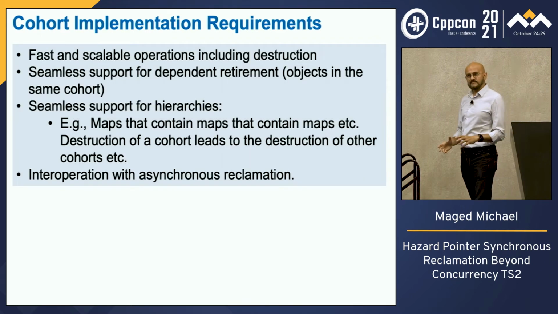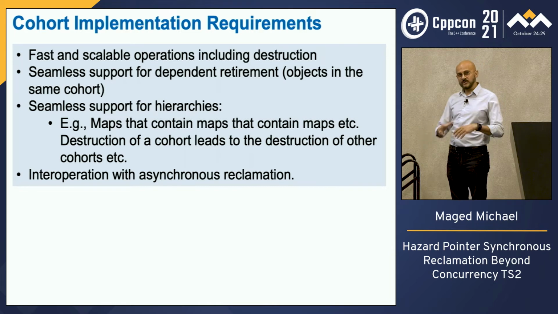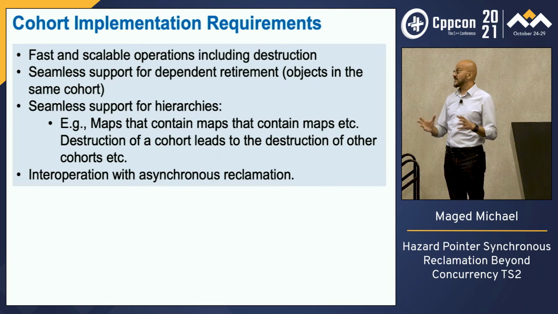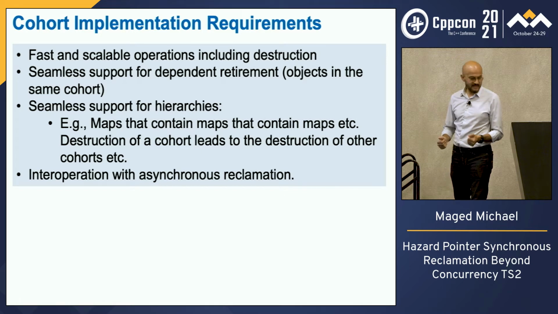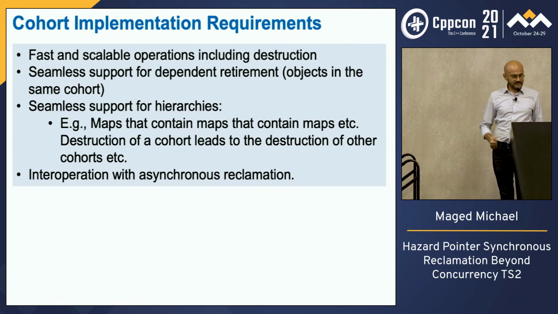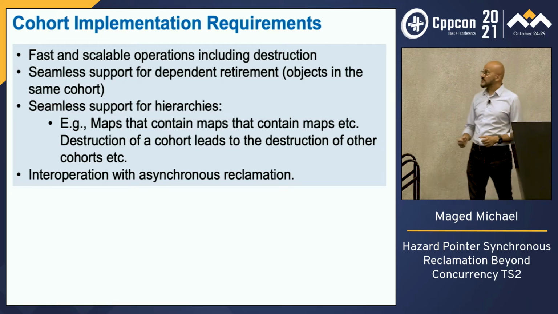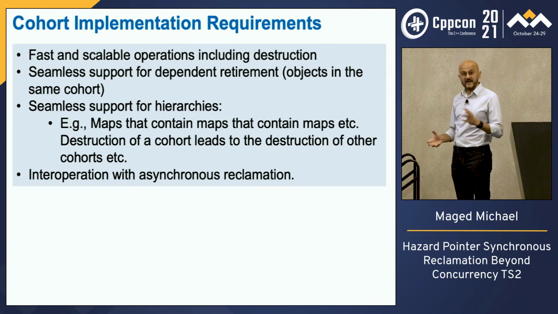Usually in the standards committee, we don't talk about implementations, but implementability is very important. If it doesn't work, then what's the point of proposing an interface like that? So, implementation requirements: we want it to be fast and scalable, because that's the problem we're having with global cleanup.